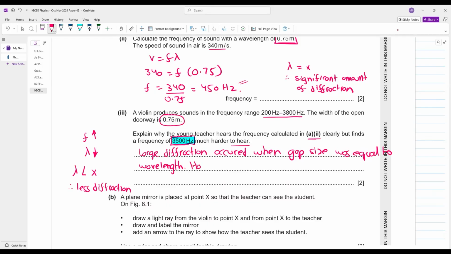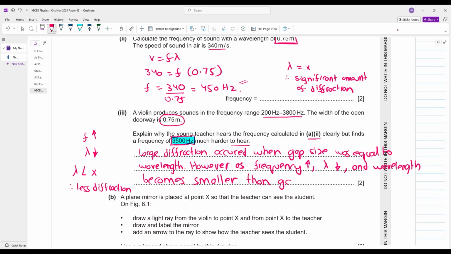However, as frequency increases, the wavelength reduces and becomes smaller than the gap size, causing less diffraction. Simple as that, nothing complicated.